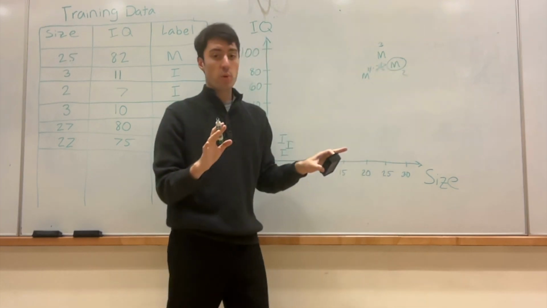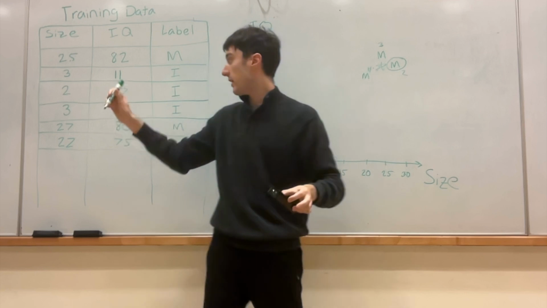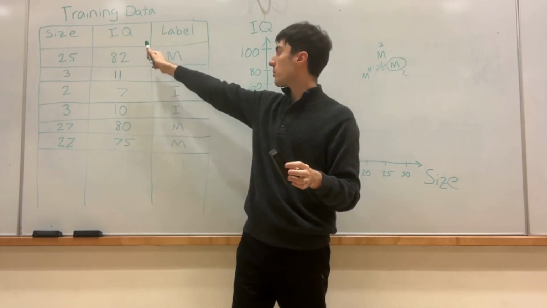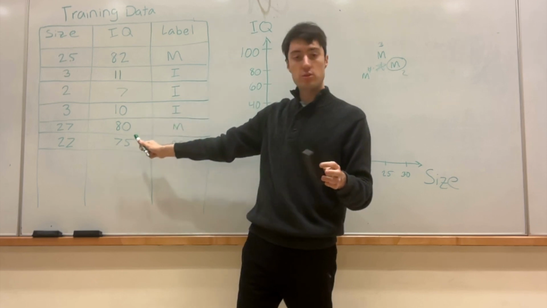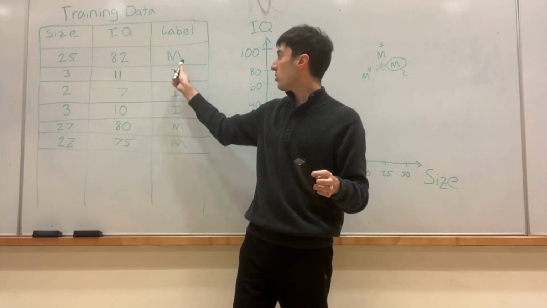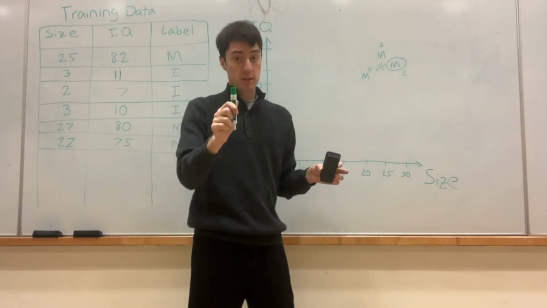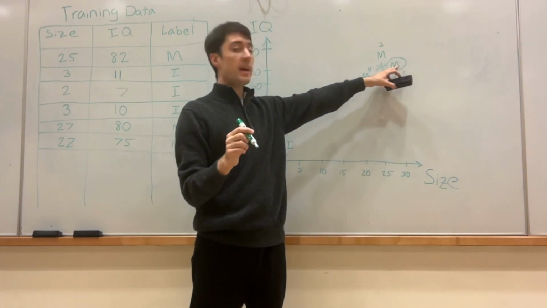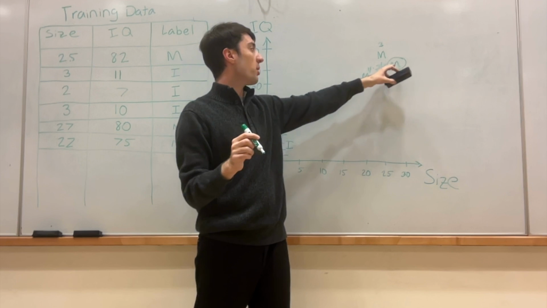Here's my closest point, and this is the training data, right? So it looks through the training data, finds the closest point, and then looks at the label, because in the training data, you know the label. I see an M right there. I know that this is a monkey.